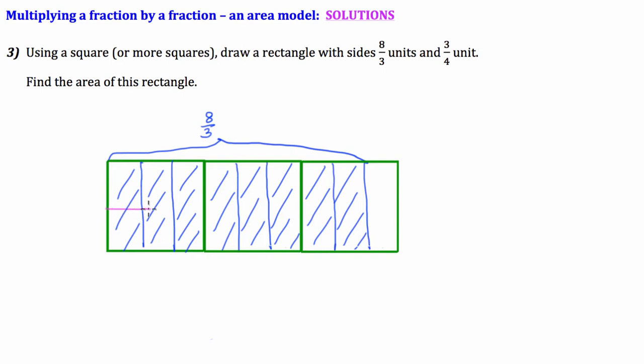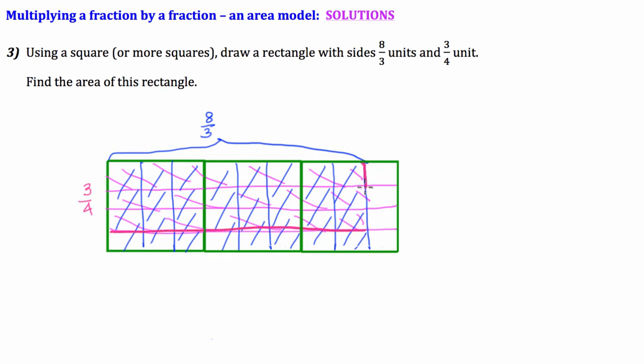So I'll split this into 4 equal parts and shade in 3 of these fourths. So this is 1, 2, and 3/4. And I label this side, which is 3/4, and the rectangle looks like this.